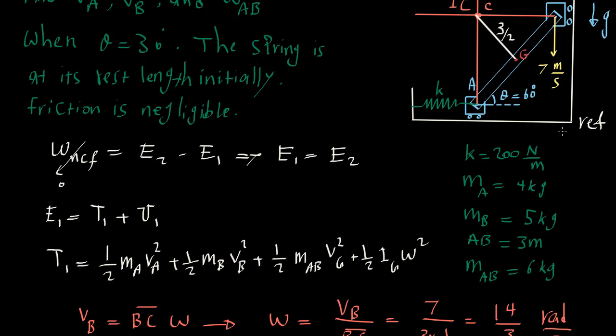So this is 3 cosine 60, and when the spring is compressed, the mass would be here, and this side would be 3 times cosine 30. The difference between these two values is the amount that the spring is compressed.